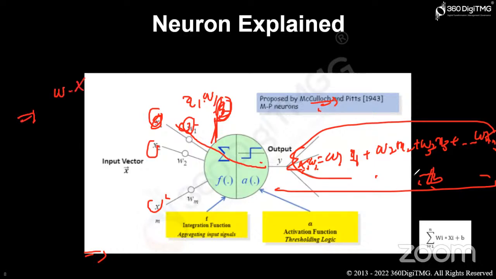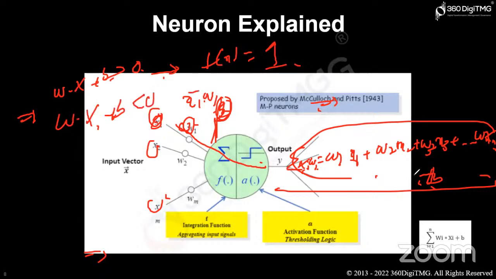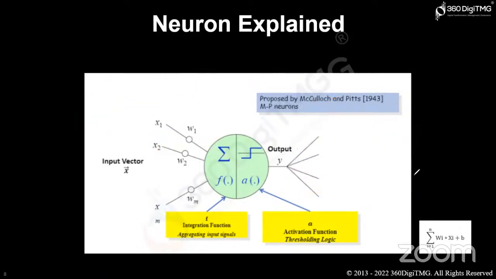Whenever Wx plus b is greater than 0, the activation function will be activated and we get the output. Whenever Wx plus b is less than 0, it becomes 0, and in that case the activation function won't be activated.